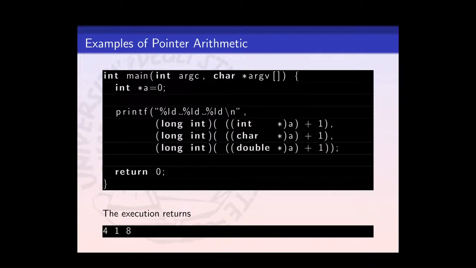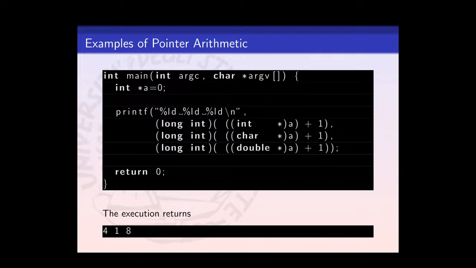Then I take the same pointer, interpret it like a pointer to char and increase by 1. Then again the same pointer, interpreted as a pointer to double, increasing by 1. And I'm printing all these values. This is quite weird, because I keep repeating the same thing, and the result was surprising. You cannot see it, probably, because it's behind the desk, but I'm getting, as standard output, 4, 1, and 8.